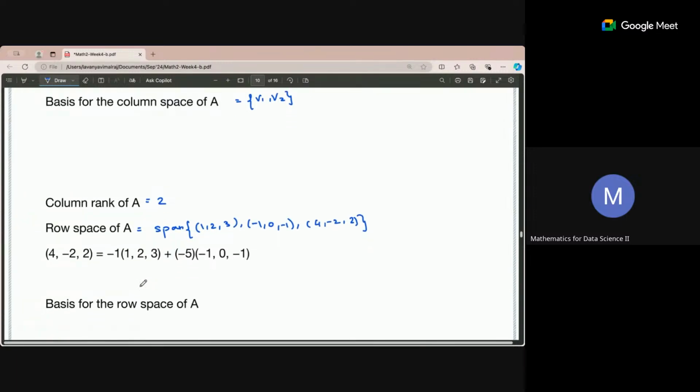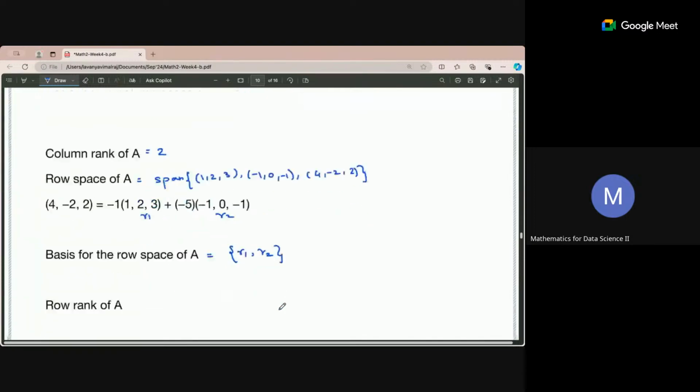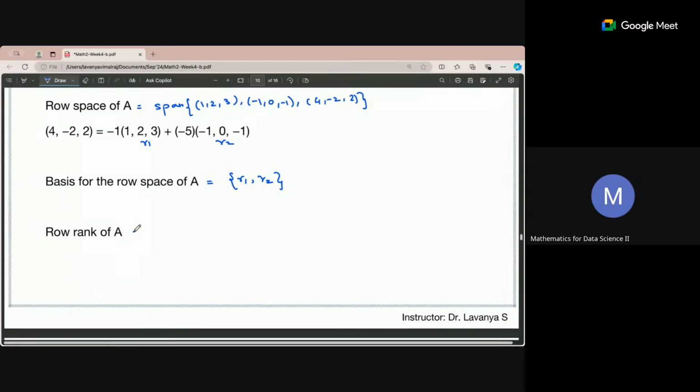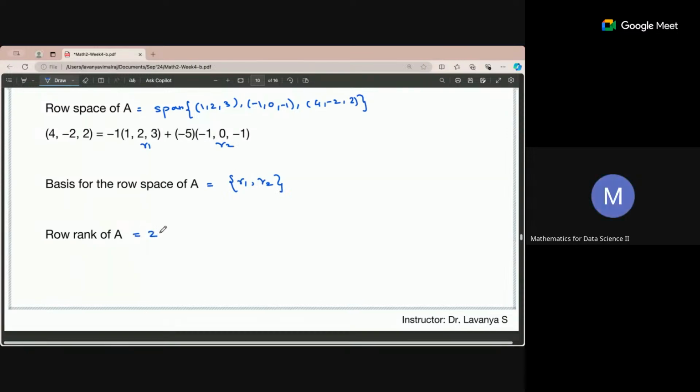Here you have a linear combination; the third vector can be written in this way. Call these two vectors R1 and R2. So R1 and R2 will form a basis for the row space. So what is the row rank of A? 2.